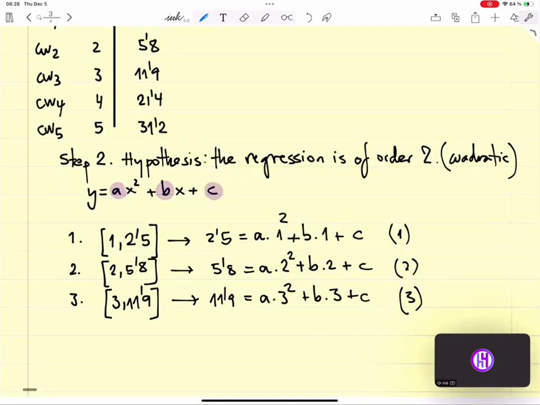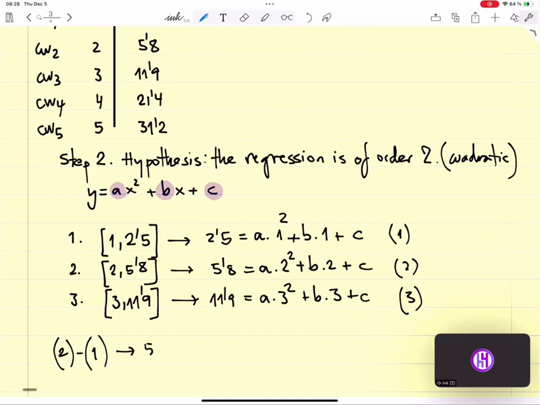So to solve this is something that I'm not going to spend a lot of time with, so you should be able to solve this. I subtract equation 2 minus 1 so that I get rid of one parameter.